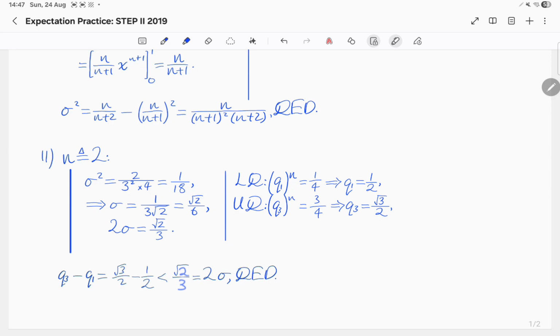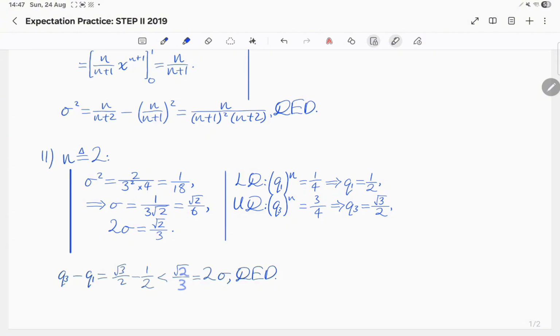Setting n to be equal to 2, we have that the variance is 1 over 18, and therefore the standard deviation is root 2 over 6, meaning that twice that is root 2 over 3.